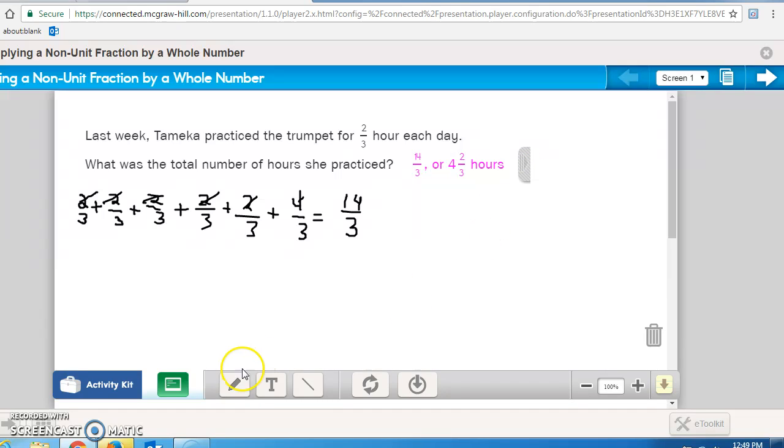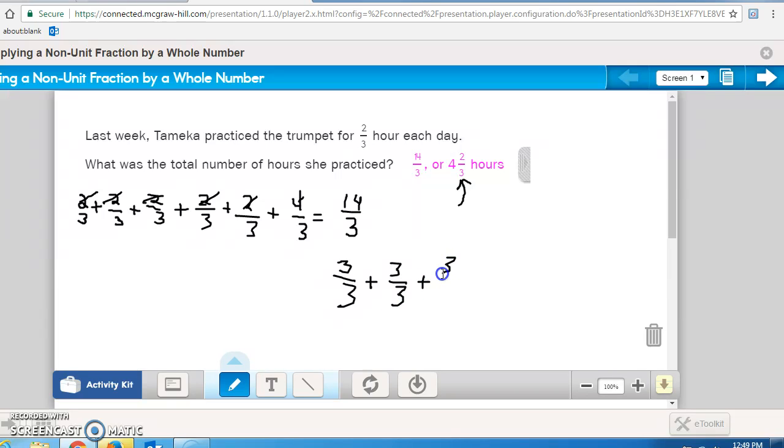14/3. Now some of you are really struggling with, how do you know that's 4 wholes and 2/3? Well, remember, every whole, if I decompose this number, would be 3/3. So 3/3 plus 3/3 equals 6/3 plus 3/3 equals 9/3 plus 3/3 equals 12/3.